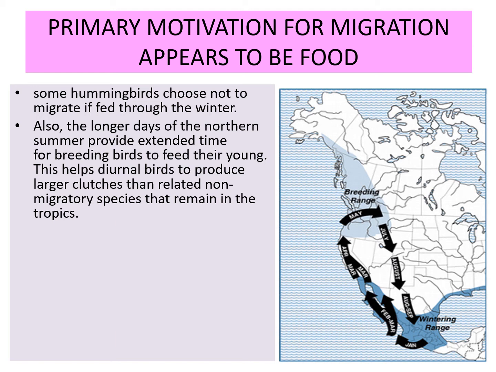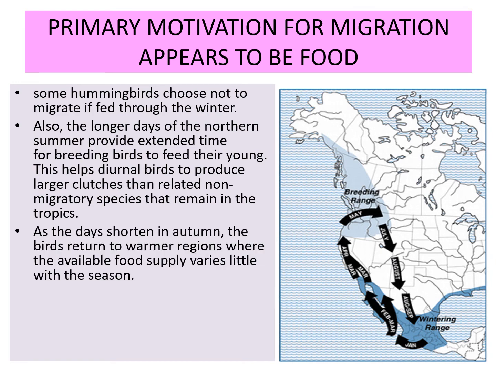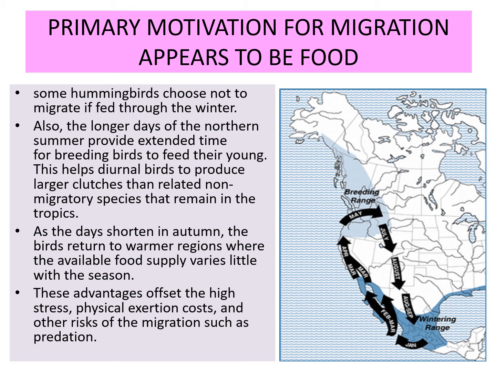This helps diurnal birds to produce larger clutches than related non-migratory species that remain in the tropics. As the days shorten in the autumn, the birds return to warmer regions where the available food supply varies little with the season. These advantages offset the high stress, physiological exertion cost, and other risks of migration such as predation.